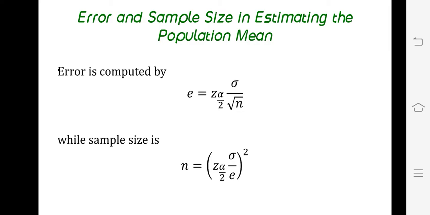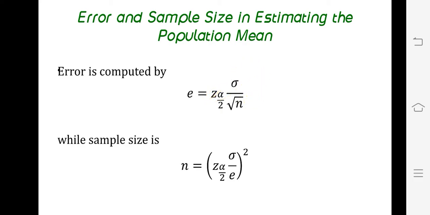To compute for the error, we are going to multiply the corresponding z value for a certain level of confidence to the standard deviation, and then we are going to divide the product by the square root of the sample size.